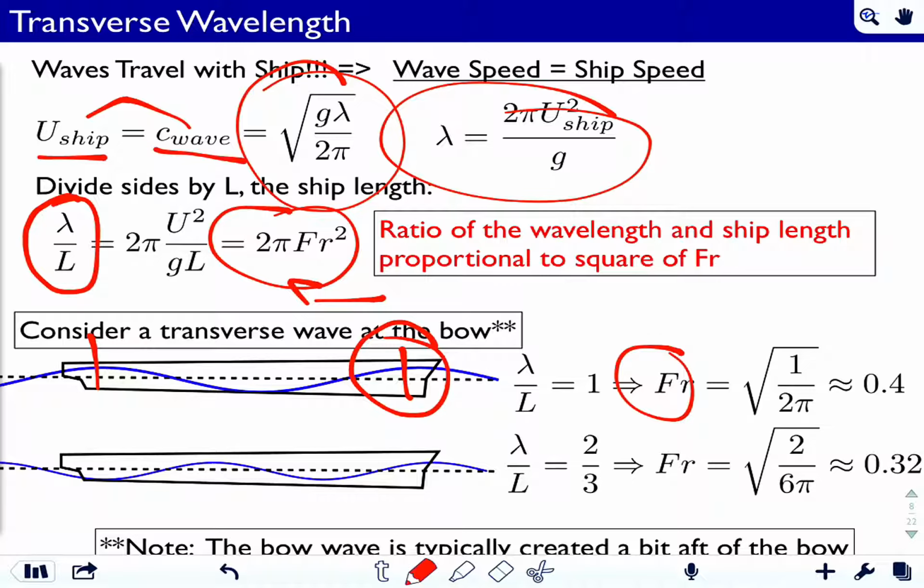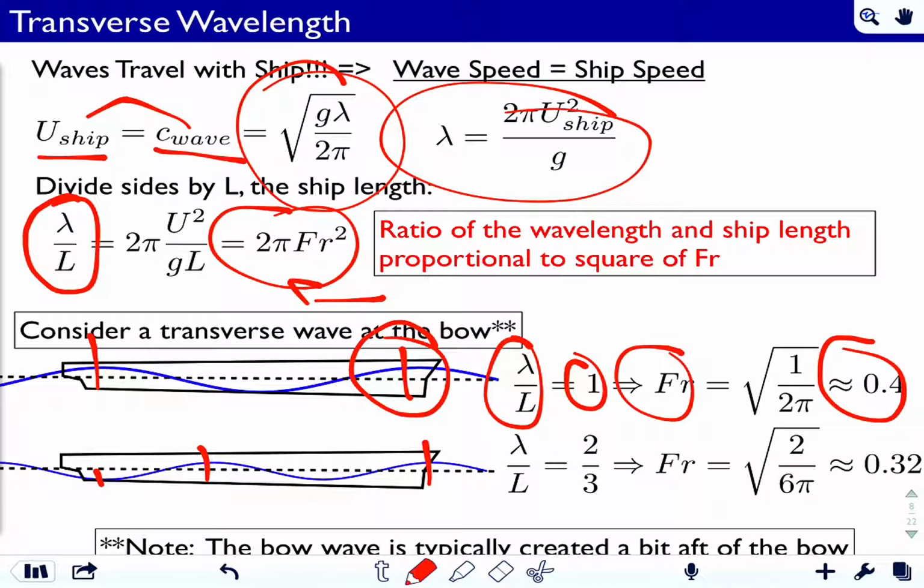So if we want lambda over L to be 1, which it is in this drawing roughly, the wavelength is the same as the boat length, just about. We can solve for the Froude number. That's that magical Froude number, about 0.4. What if the wavelength is 1 crest and then a half? So we have 1.5 wavelengths.